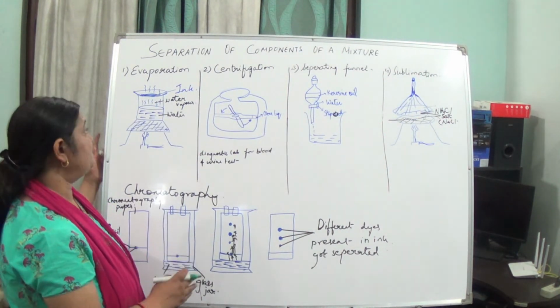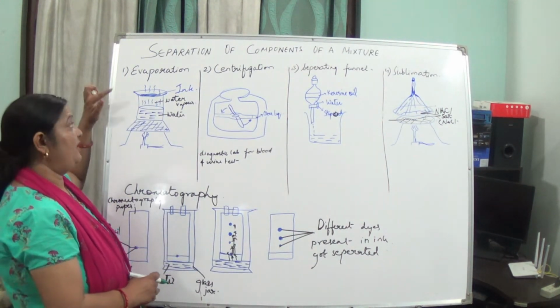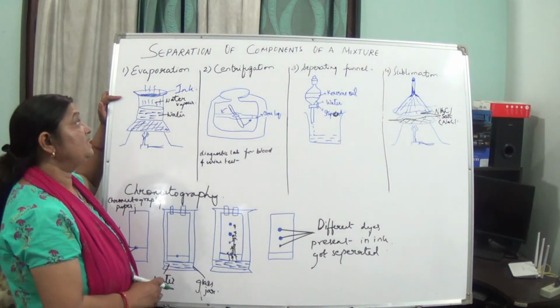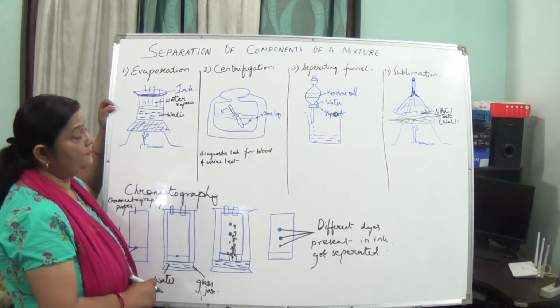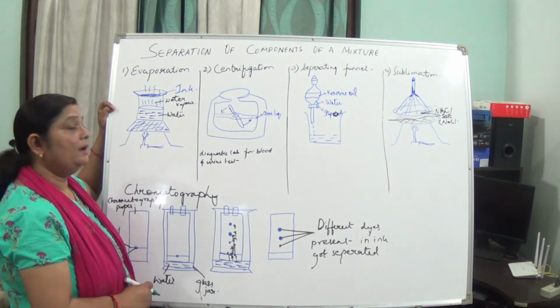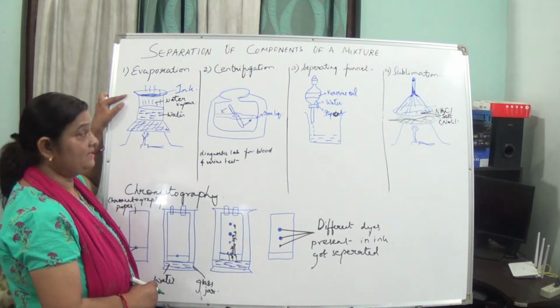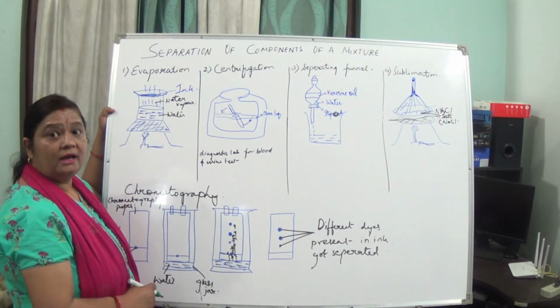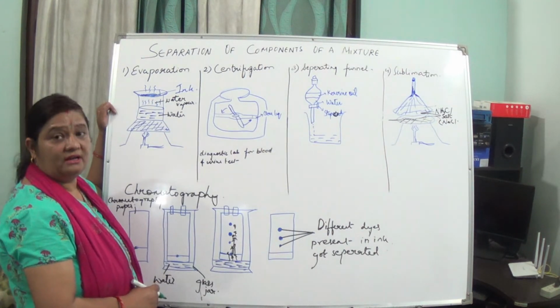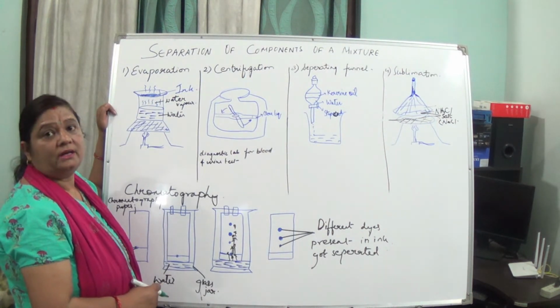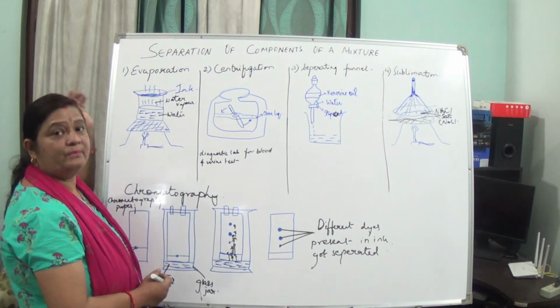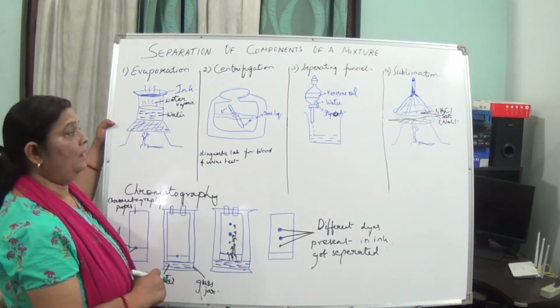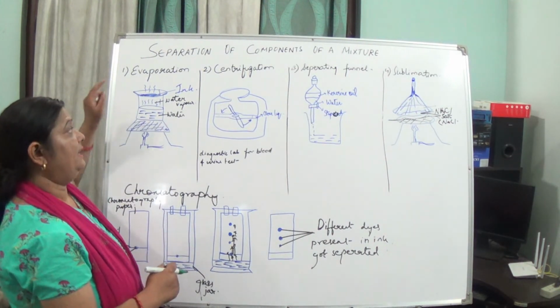Okay, again I am saying evaporation. In evaporation, the solid components are separated from the liquid present in it. The best example is of ink. Different dyes are present in what? The solvent is water, water evaporates and we get only the components of dye.